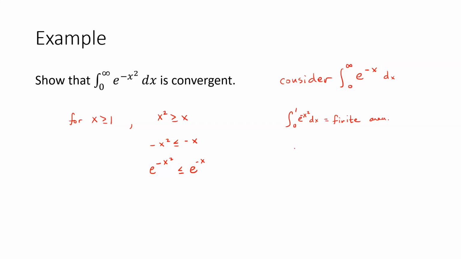So we can ignore the part between 0 and 1 and just focus on the integral from 1 to infinity. In this case, the integral from 1 to infinity of e to the negative x, we can evaluate.